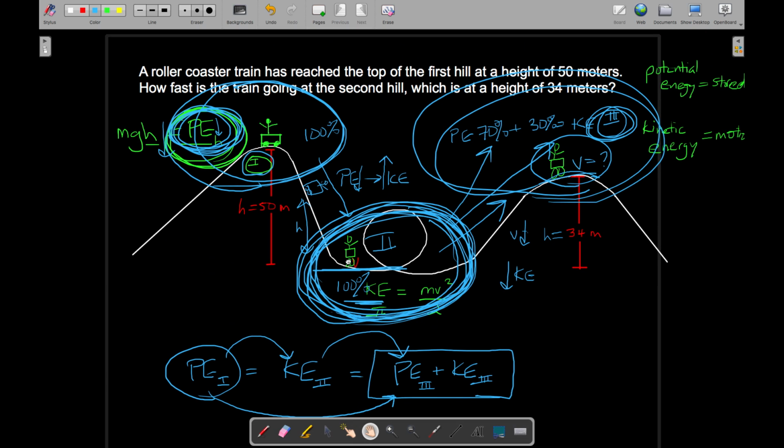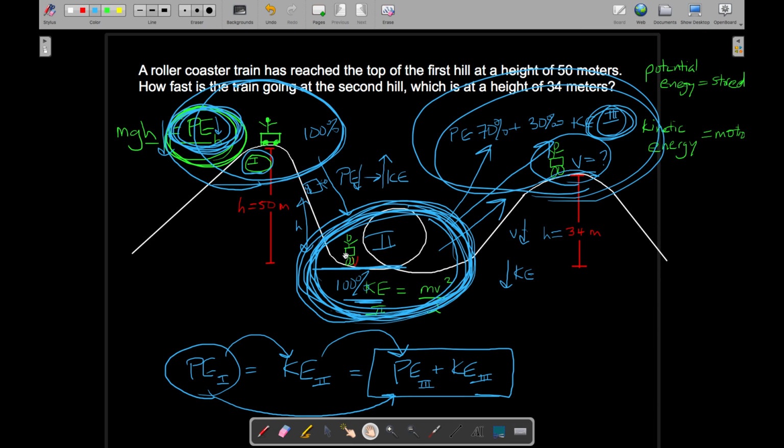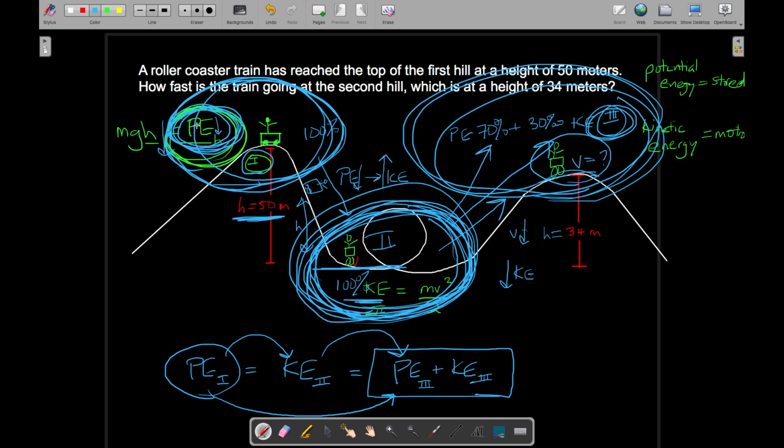Just as a recap, you might want to first of all label all of the energies that are happening in whatever situation we're looking at. The key thing to remember is if there's height, you have potential energy. If it is moving down here, you have kinetic energy.